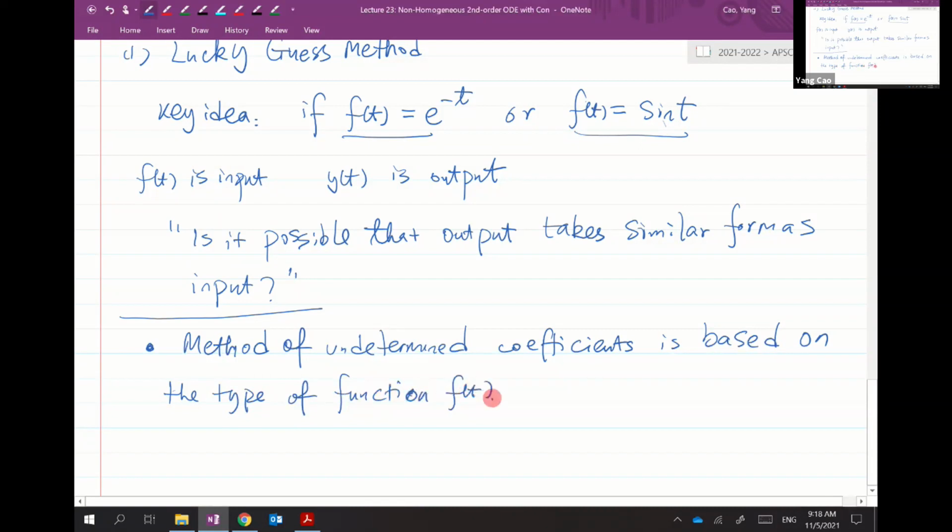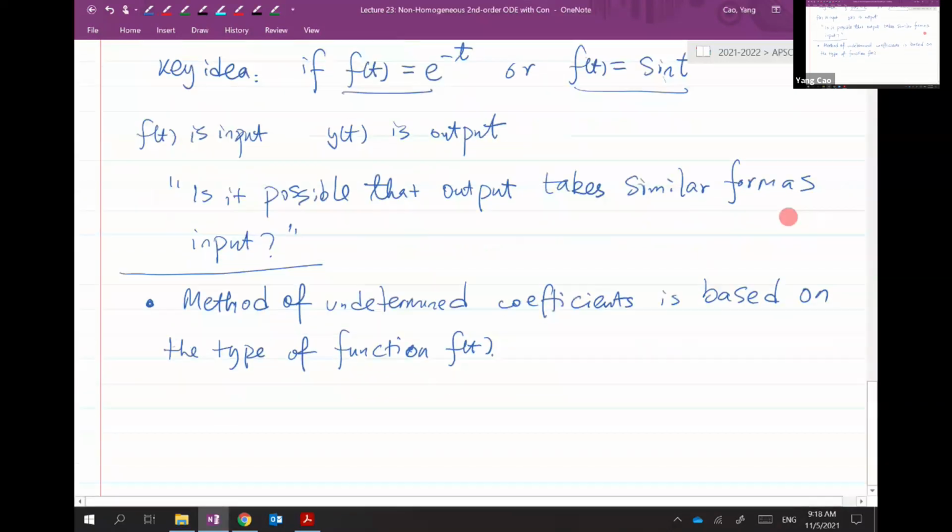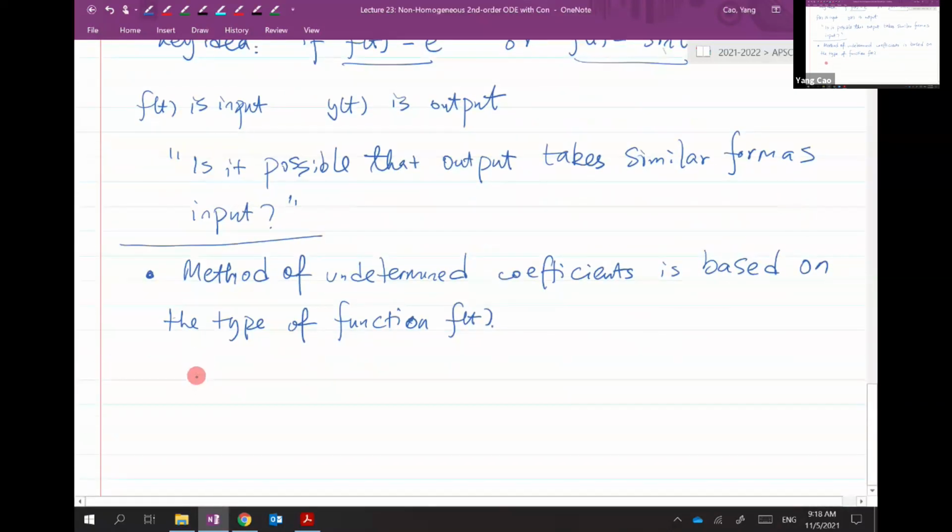It is pretty much determined by what the function f of t looks like. Okay, so here are the steps.